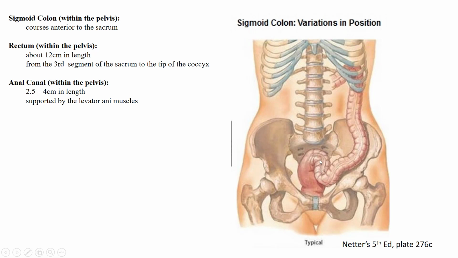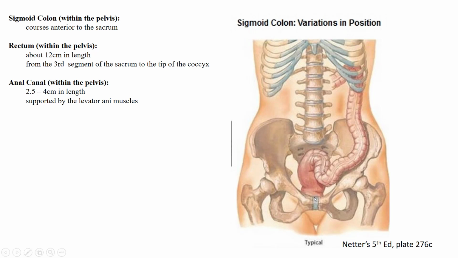And after the sigmoid colon then becomes the rectum. It's about 12 centimeters in length, and it's from about the third segment of the sacrum to the tip of the coccyx. So it really courses through most of the sacrum and coccyx here. So it will be just anterior to the sacrum and coccyx on a CT or MR image.